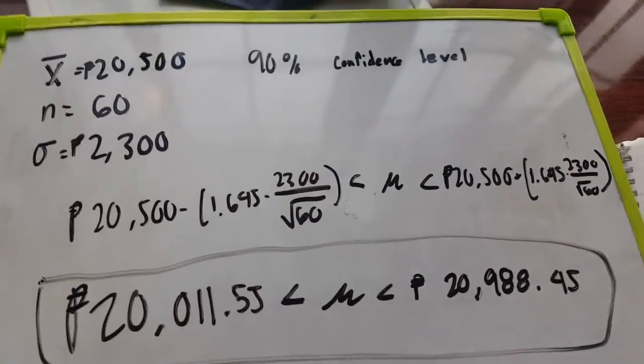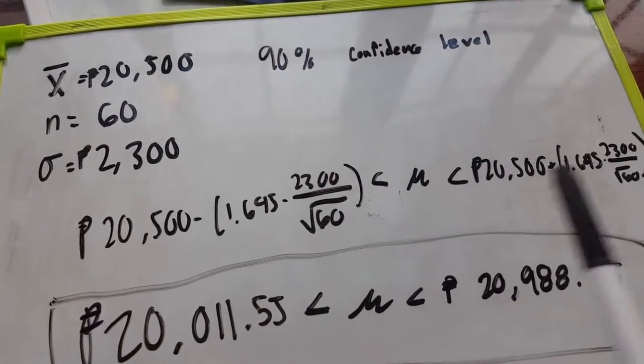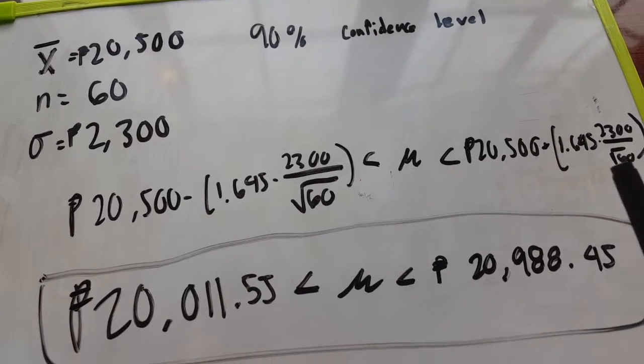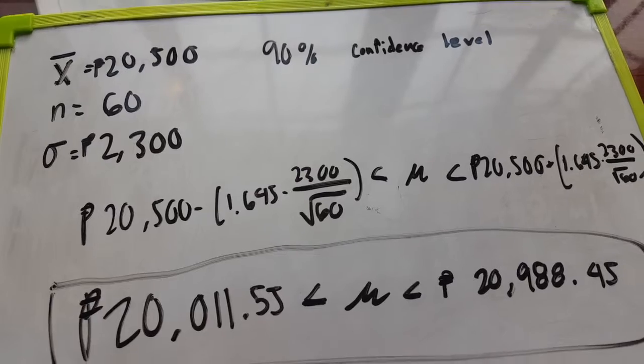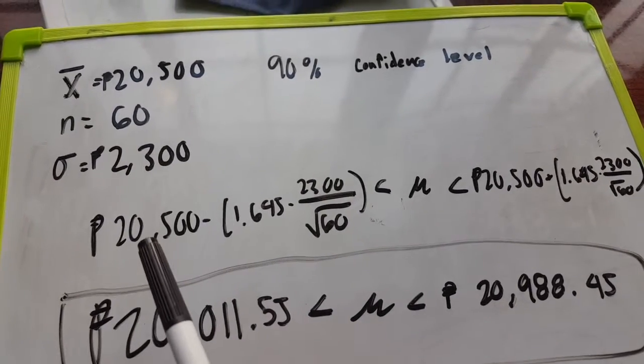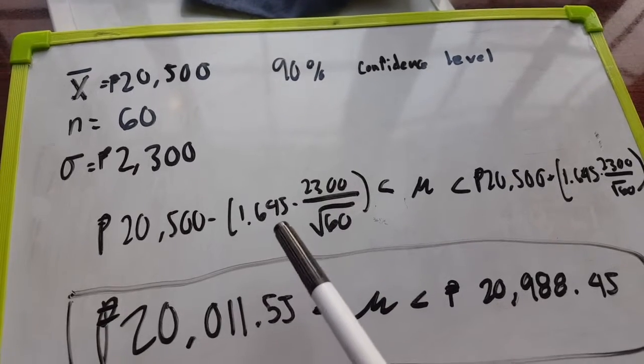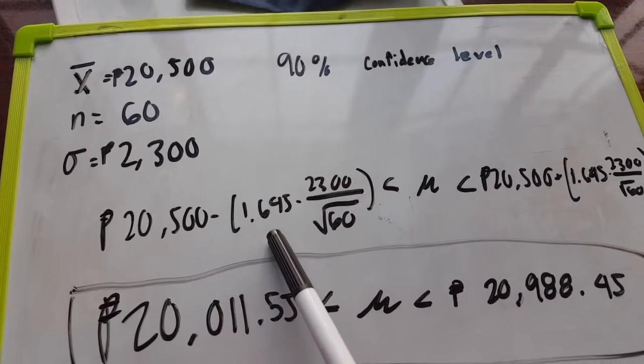So if you can recall, we used the formula for the interval estimate when the standard deviation is given, which is the sample mean minus quantity of the critical value of 90% confidence level.